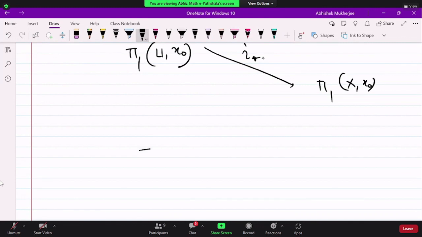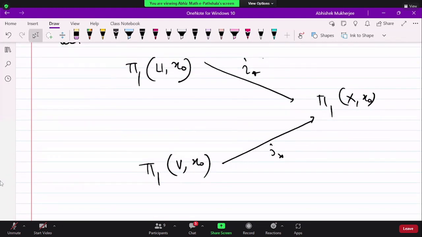Similarly, you can define the induced homomorphism from pi1 V to pi1 X using the inclusion of V into X. So this is J star.